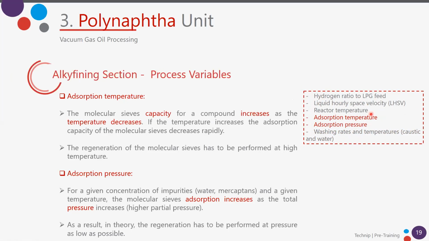We have to work as low as possible, but of course with the appropriate butadiene conversion, and we will increase the temperature over time as the catalyst gets deactivated. We have some parameters related to the adsorbers: the arsine, and the sulfur and water absorption. And then we have the parameters related to the rates and temperatures of the caustic and water wash.